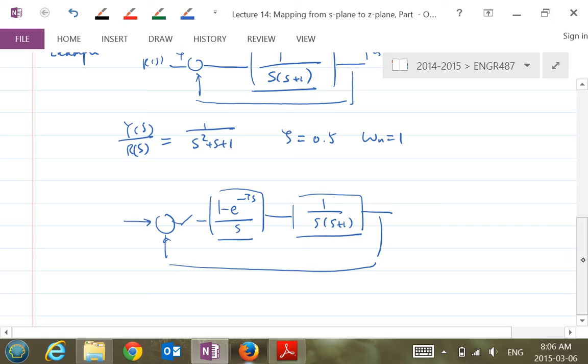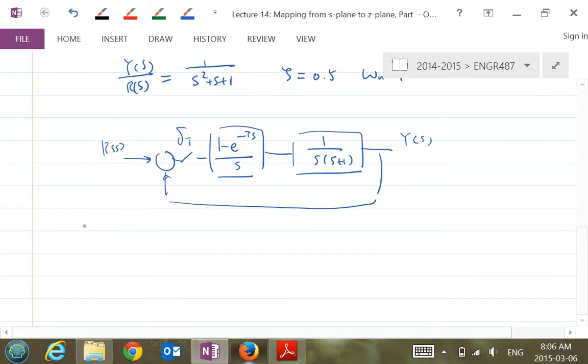If we call this y of s and this r of s, this is a sampled data system, and like in the midterm, we can derive the pulse transfer function, Y of z over R of z.